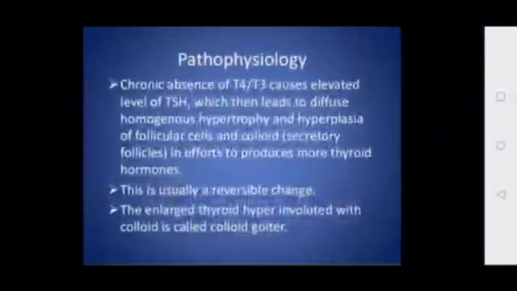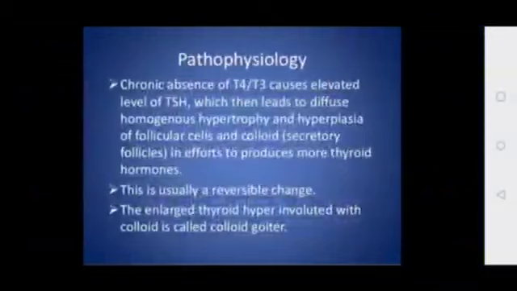Pathophysiology of these goiters: the chronic absence of T4 and T3 causes elevated levels of TSH, which in turn leads to diffuse homogeneous hypertrophy and hyperplasia of the follicular cells and colloid, that is the secretory follicles, in an effort to produce more thyroid hormones. This is usually a reversible change.